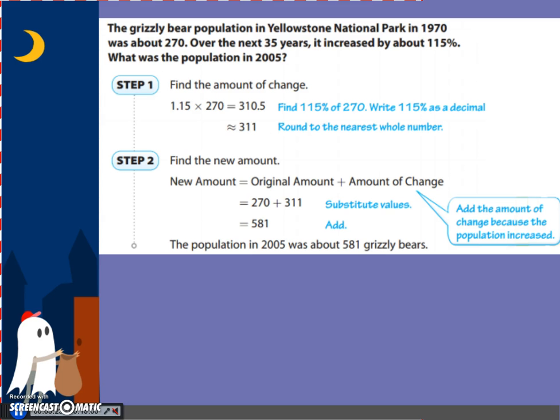Okay, so the last one we're going to look at on the front side is the grizzly bear population in Yellowstone National Park in 1970 was about 270. So that was the original amount. So you're going to write X over 270. And it increased by 115%. So every percentage is out of 100.